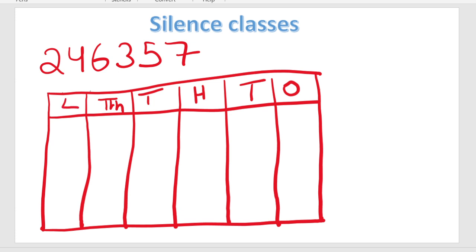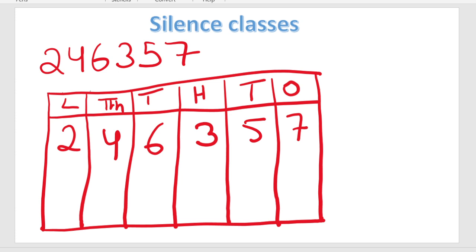Now place the numbers in this place value chart starting from ones: 7 ones, 5 tens, 3 hundreds, 6 thousands, 4 ten-thousands and 2 is in the lakh place.